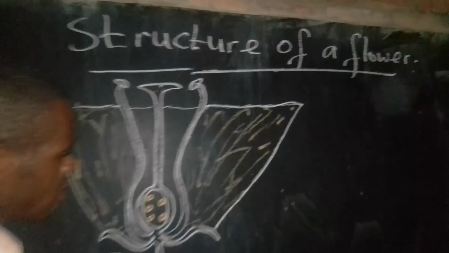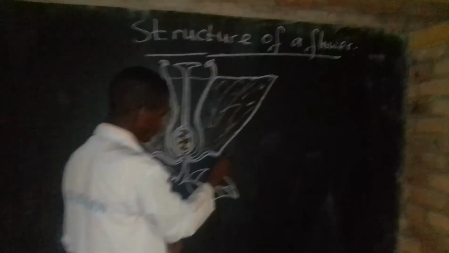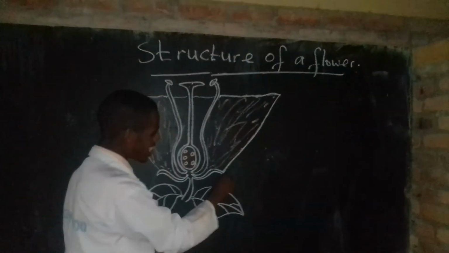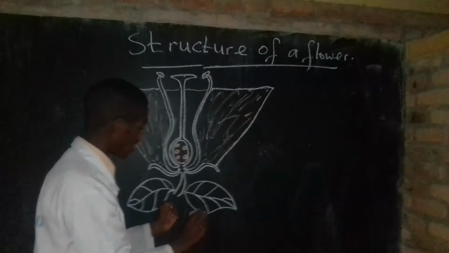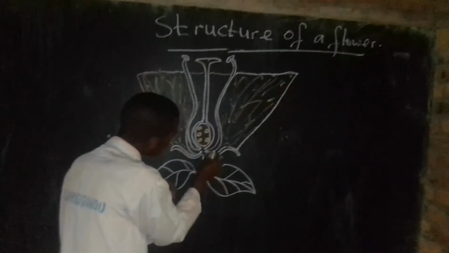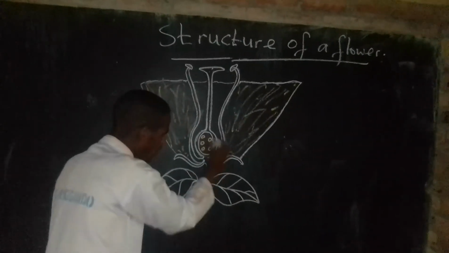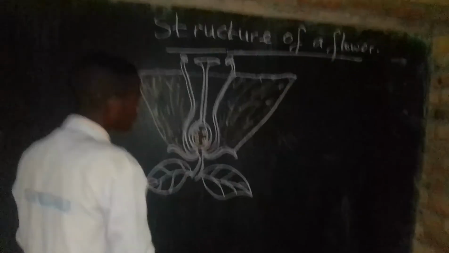This flower has another part. This part is very important to the flower. This part is important for protecting this inner part of this flower.